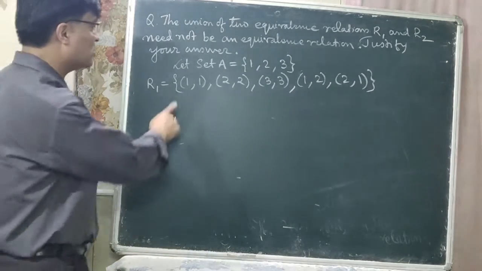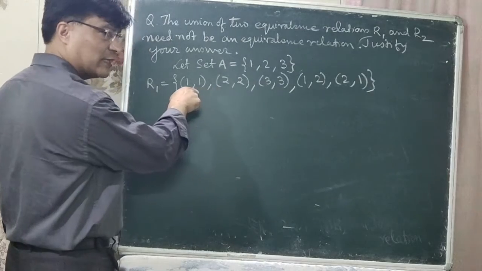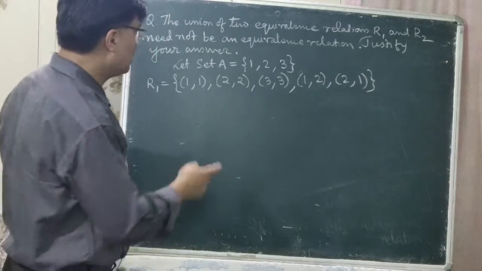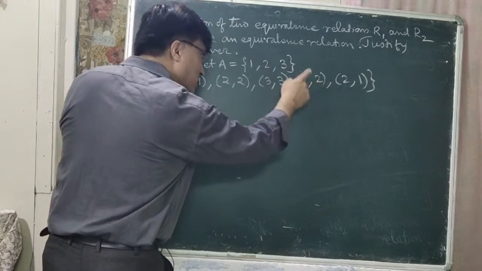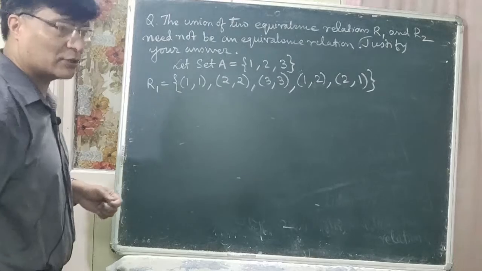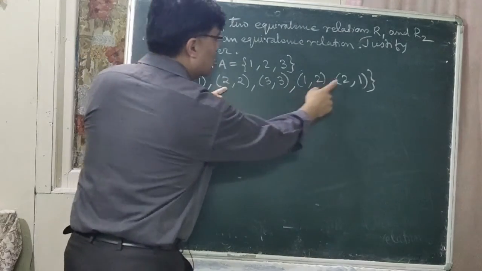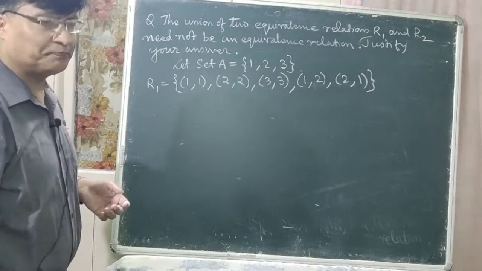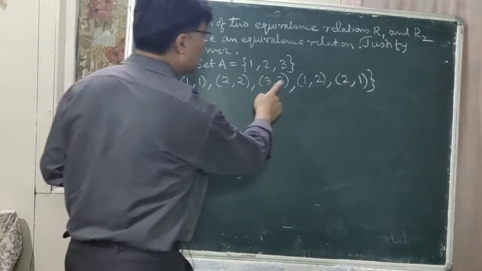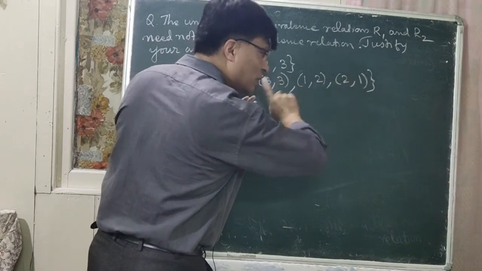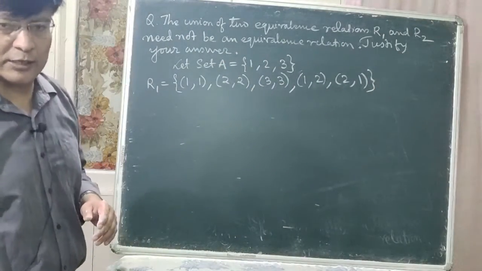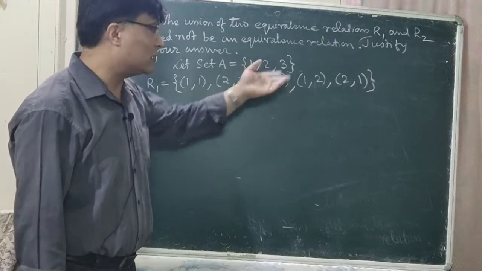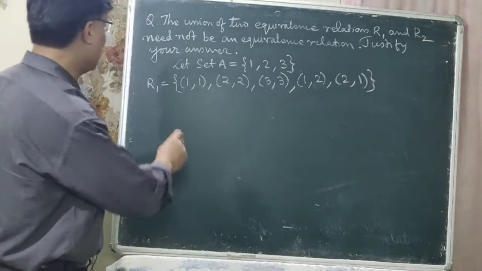This is an equivalence relation because (1,1), (2,2), (3,3) is a reflexive relation. (1,2), (2,1) is there, that is your symmetric relation. (1,1) is there, (1,2) is there, (1,2) is itself there, so it is a transitive relation. (2,2) is there, (2,1) is there, (2,1) is itself there, so this is also your transitive relation. (3,3) is there, but (3, something) is there, no need of checking it, so it is a transitive relation. So this R1 is symmetric, transitive and reflexive. So this R1 is an equivalence relation.